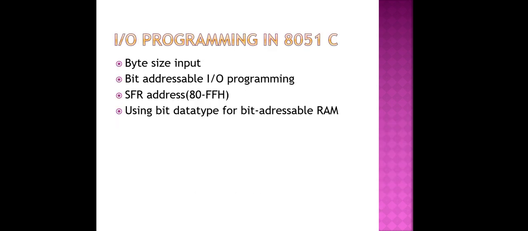Then the next point is the input output programming of the 8051 microcontroller. For the IO ports of the 8051, we look at both byte and bit IO programming. The first subtopic is byte size input output.